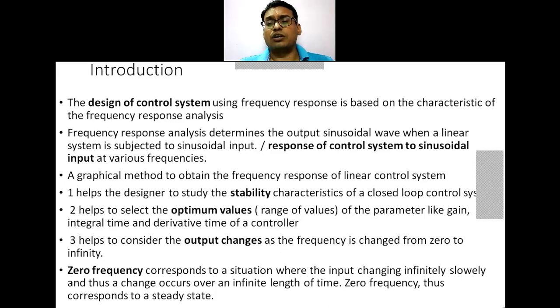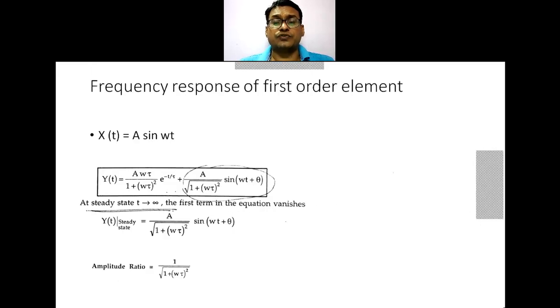So that is called a zero frequency, and it corresponds to the steady state condition where there is no change in the parameters with respect to time. That is what the steady state condition is.